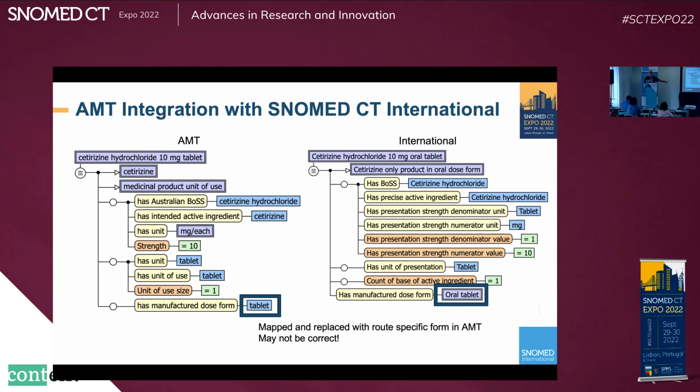And then you can actually remove a bunch of other things as well, because we've now got the presentation strength denominator value of 1. And if we move here, we're saying that this one part of the definition doesn't change any of the things that you get back from this bit of ECL.